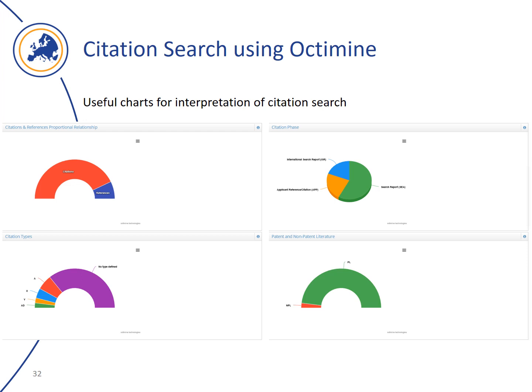Here you have a depiction of the different citation types. You see, partly the type is not defined, for more than half, for two thirds something, the type is not defined. But here you have those types which are relevant and critical in search reports, like the X for novelty destroying documents, the Y for documents showing that the inventive step or the inventive character is not high, and so on.